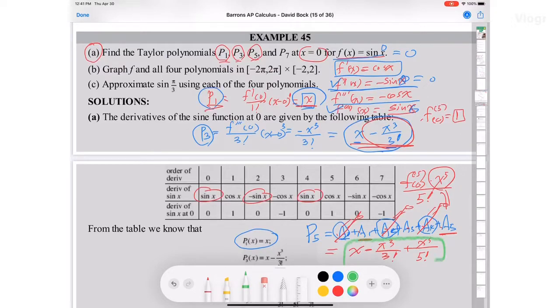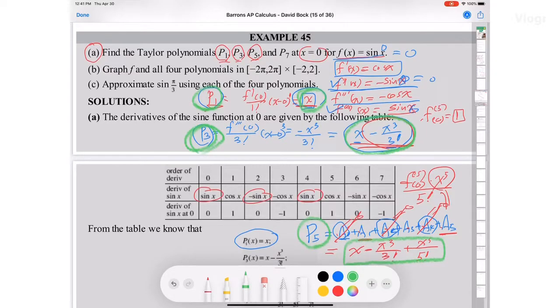This is the P5. So P1 is x, P3 is x minus x cubed over 3 factorial. P5 is x minus x cubed over 3 factorial plus x to the 5th power over 5 factorial.